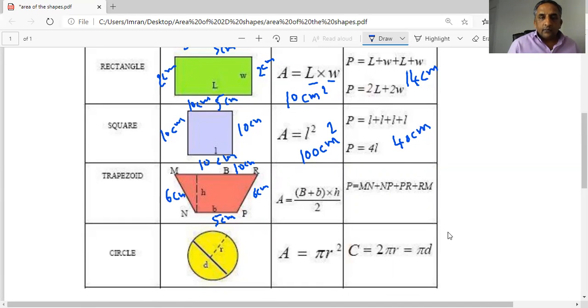So the formula to work out the area is capital B plus small b, basically the top plus bottom, we add them, and whatever answer we get, we times it with the height. And imagine in this question, the height is 10 centimeter as well, because I've just given the values there. So capital B is 10, so we write 10 plus small b is 5.